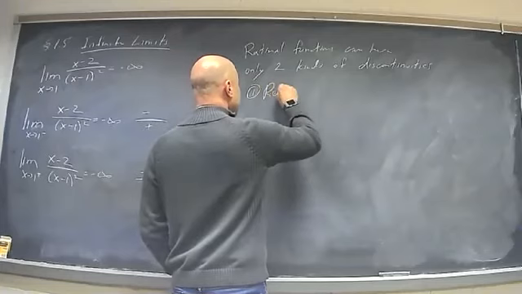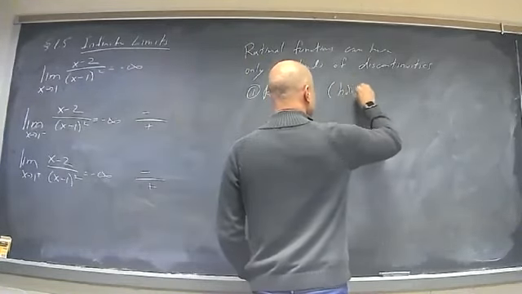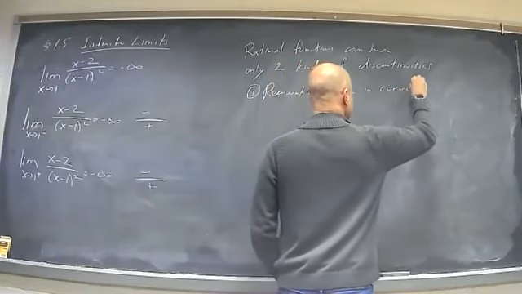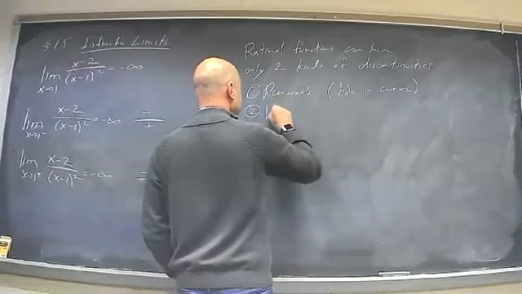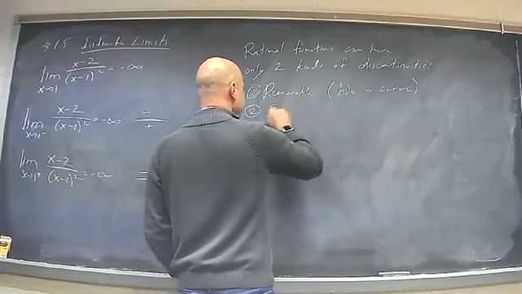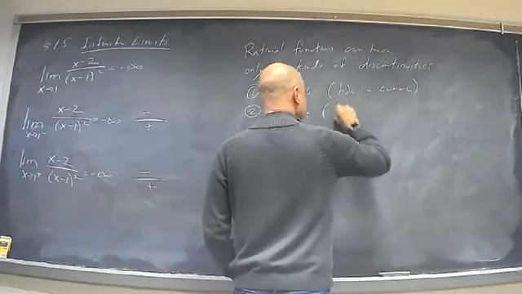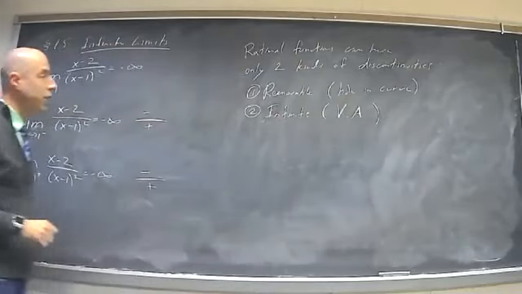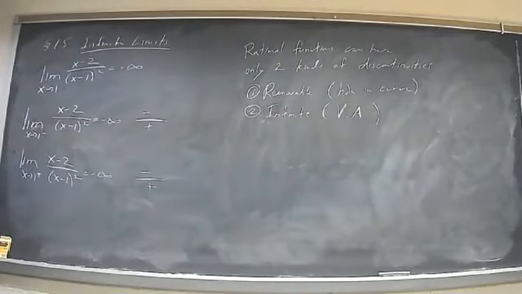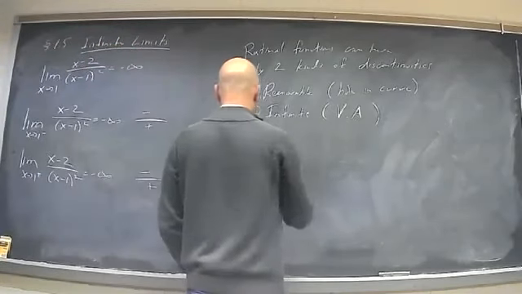Removable, just a hole in the curve. And vertical asymptotes, so an infinite one. How do we tell which is which? This is something that you knew, hopefully you still know.